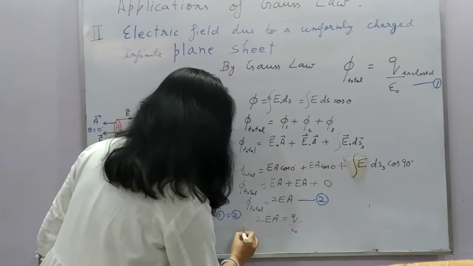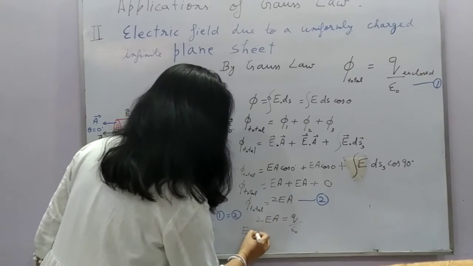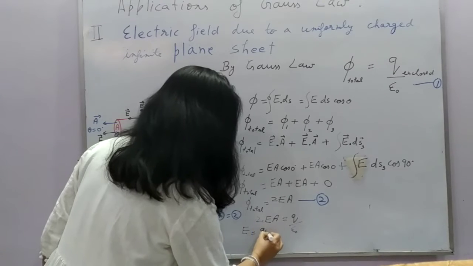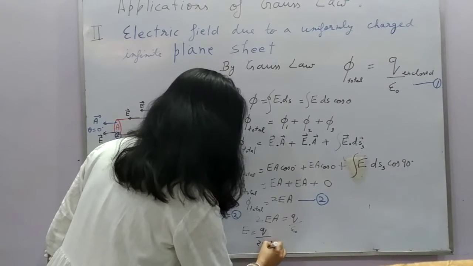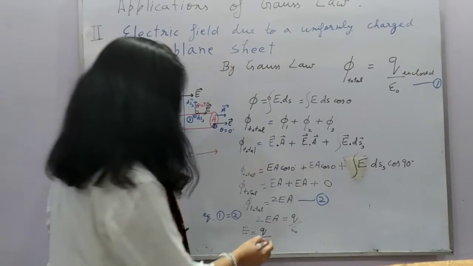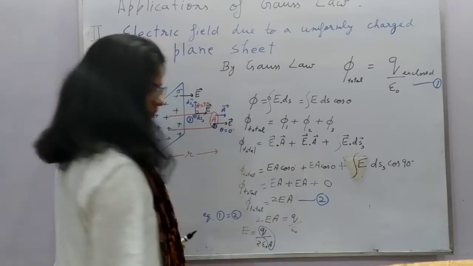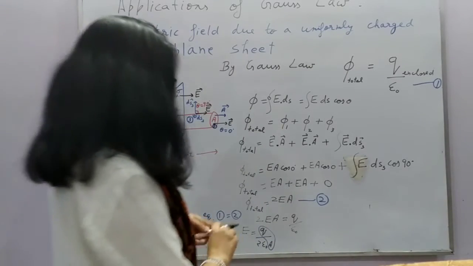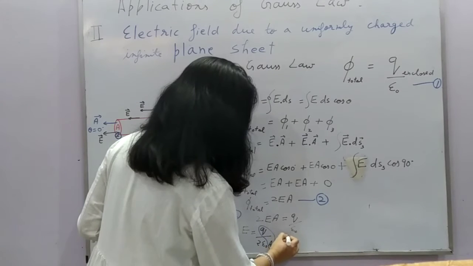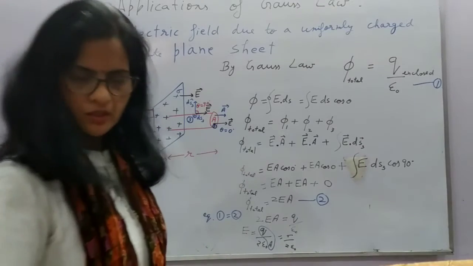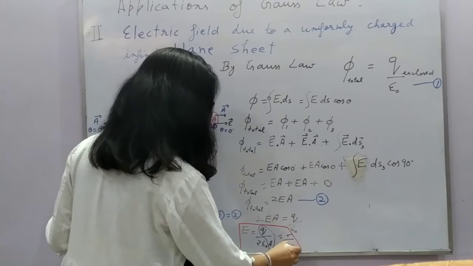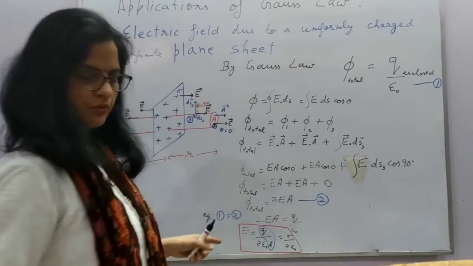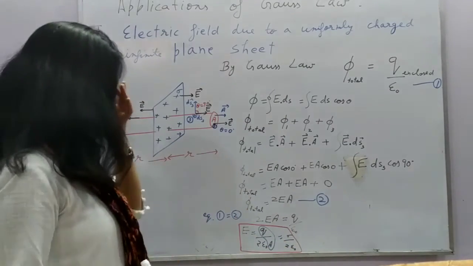This gives us E is equal to Q upon 2 epsilon naught A. Now if we look at this, we know that Q upon A is the surface charge density sigma for this sheet. So this makes it sigma upon 2 epsilon naught. This is the formula for the electric field due to an infinite sheet which is uniformly charged.